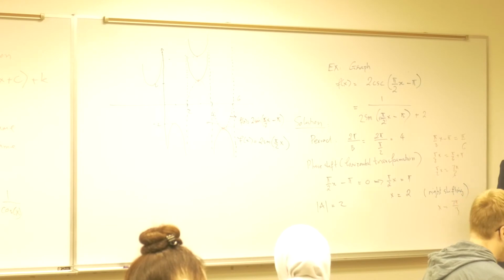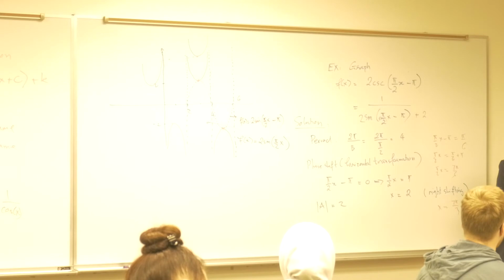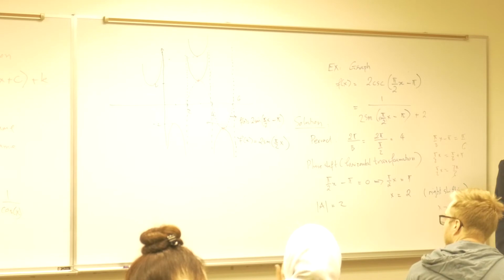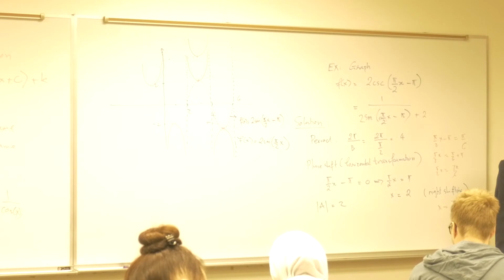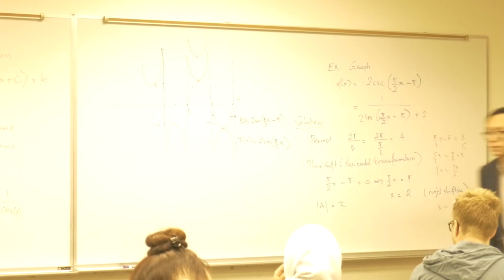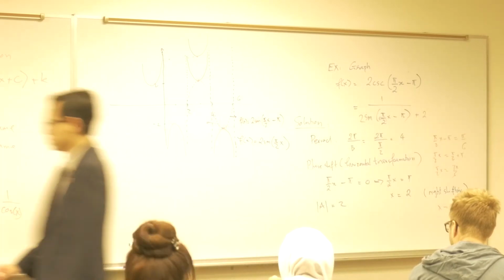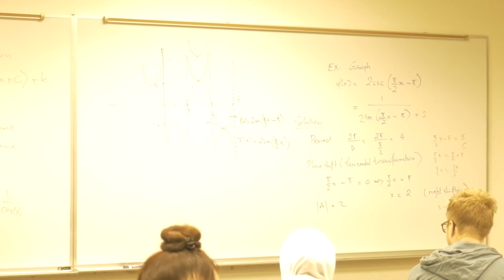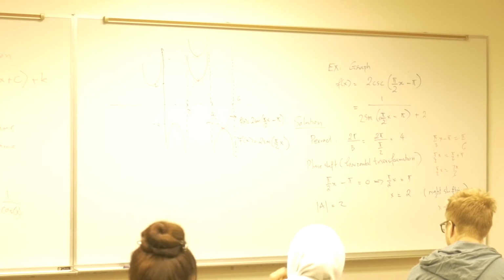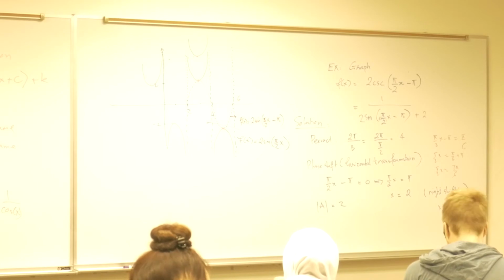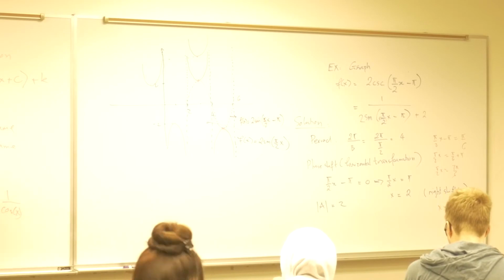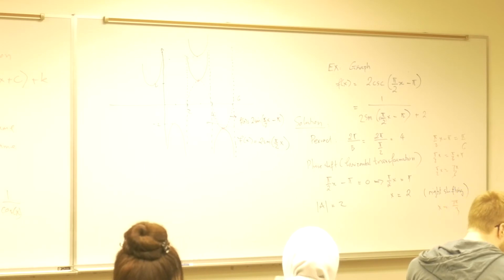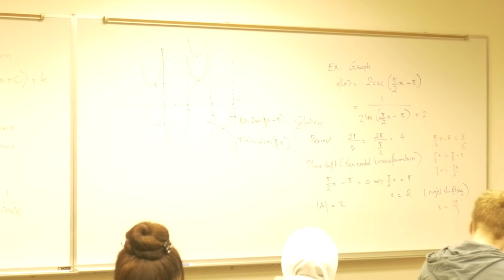And you see that 1 over cosine is in fractional form. If it is in fractional form, we're not allowed to have 0 in the denominator. It means the cosine of x must be different from 0.